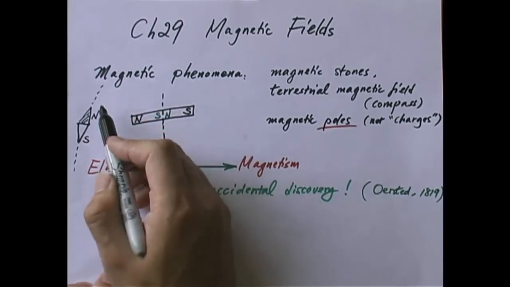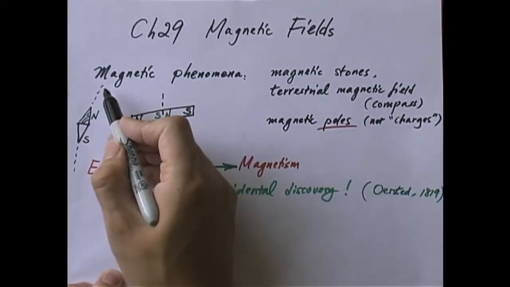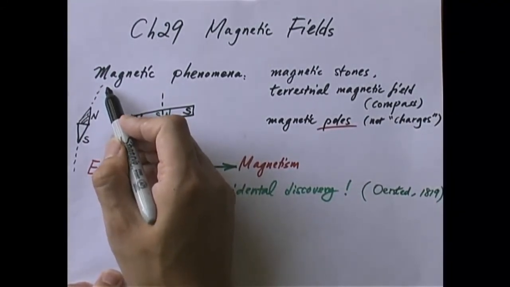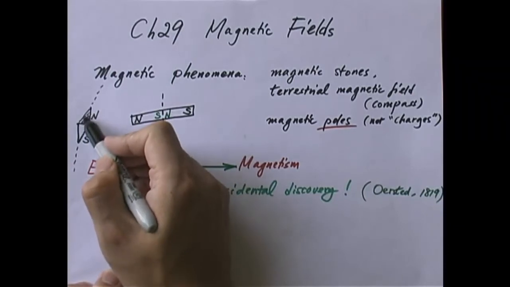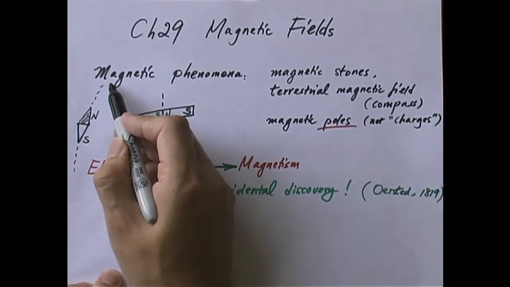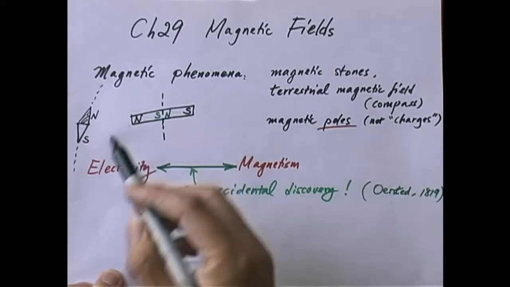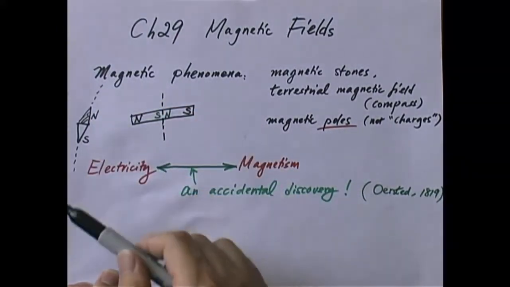Well, you see, since unlike poles attract, you can imagine it is actually the magnetic south of the Earth that's attracting the magnetic north of this compass. So the magnetic south of the Earth is in fact in the same general region as the geographical north of the Earth. Make sense? Okay, so this is how a compass would work.